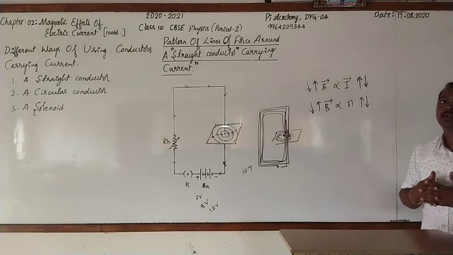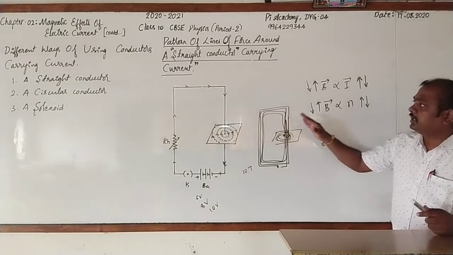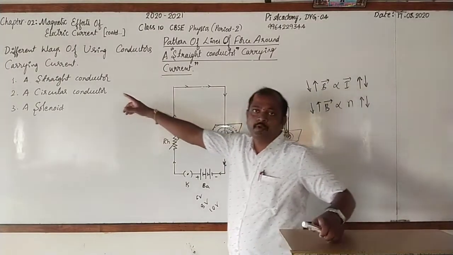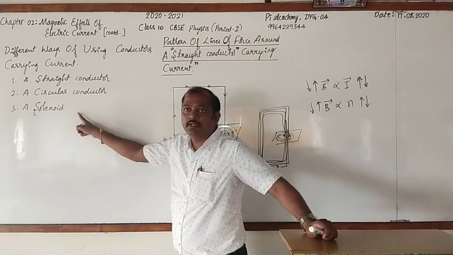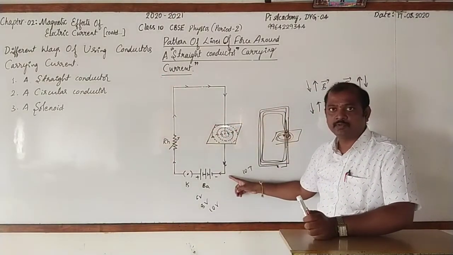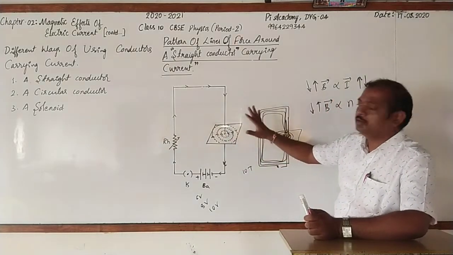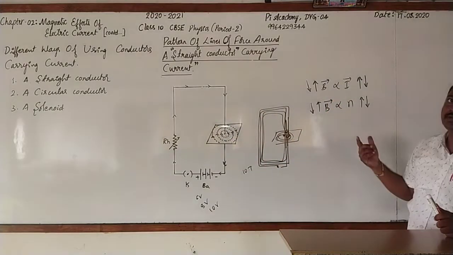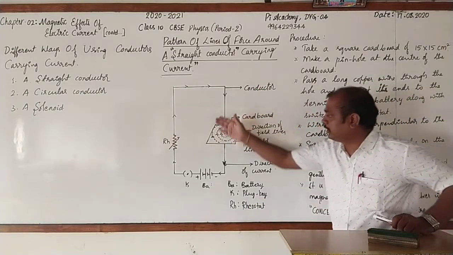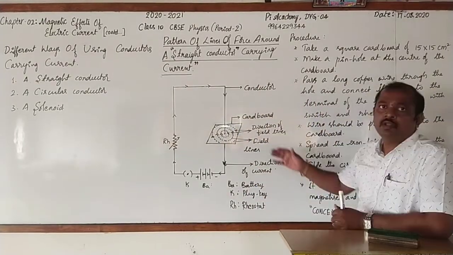Clear? Next. Okay, now let me go for writing the procedure, and please go for copying from here. From there to here, then after that you copy this also. Got it? Now after copying, you have to write the procedure what I am going to write now. Yes, here we have labeled the diagram.